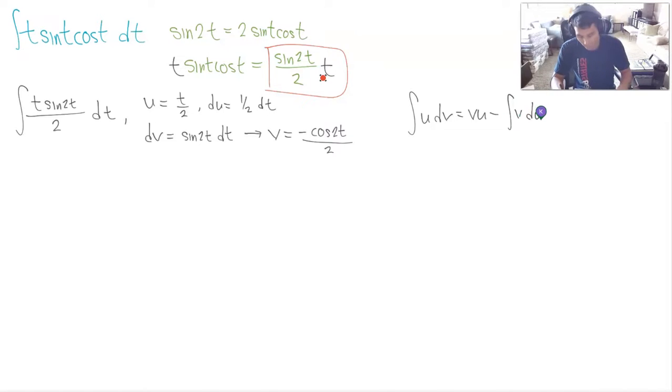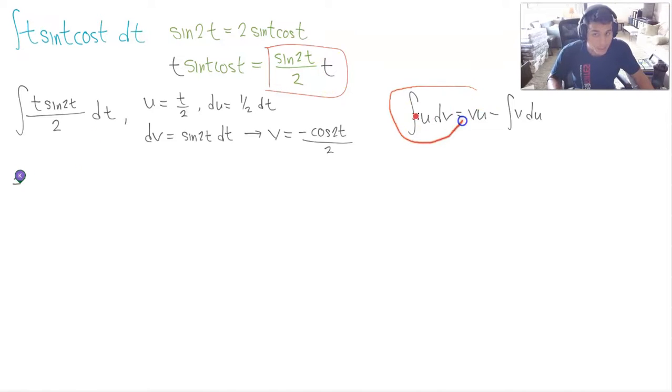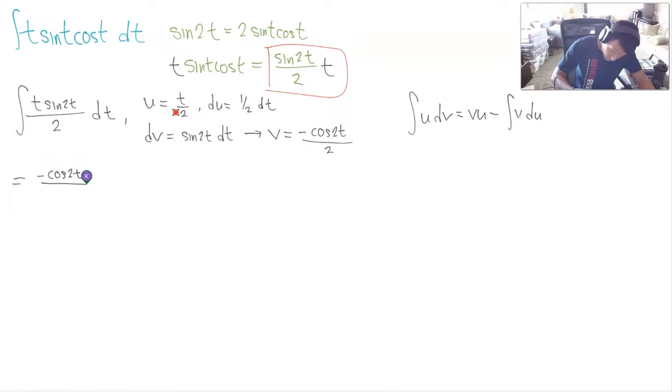Okay. So we're going to insert our information into this. By the way, we already have this guy. What's v? v is this, u is this. So we're going to get negative cosine 2t divided by 2 multiplied by t over 2.